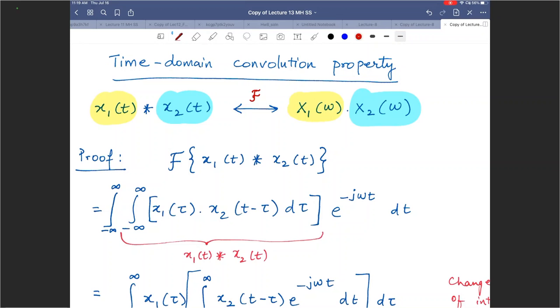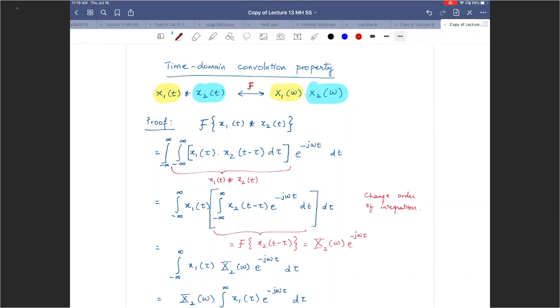So the proof next. The proof is going to rely on the definition of Fourier transform. What we are trying to find out is the Fourier transform of x1 convolved with x2. And because we know that a continuous time convolution is evaluated using a convolution integral, we can express that integral right here.